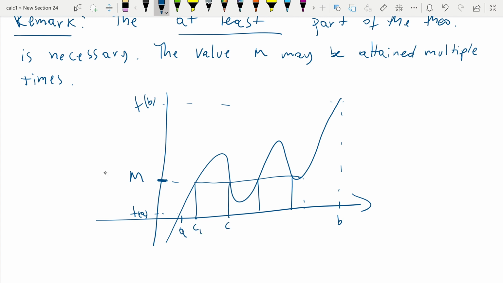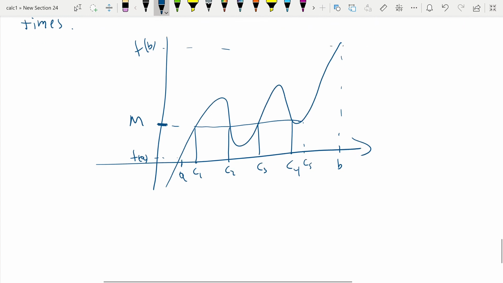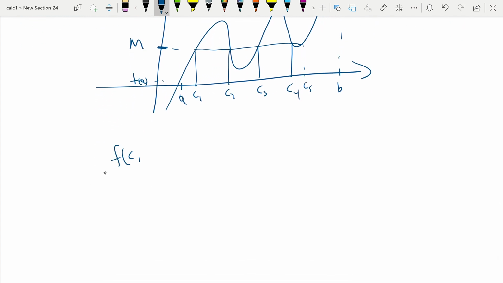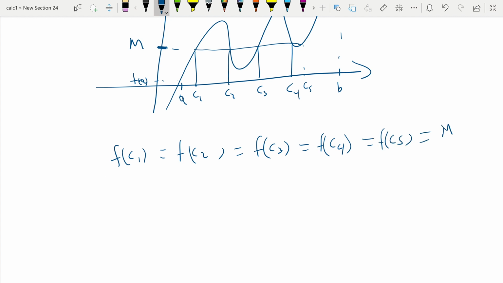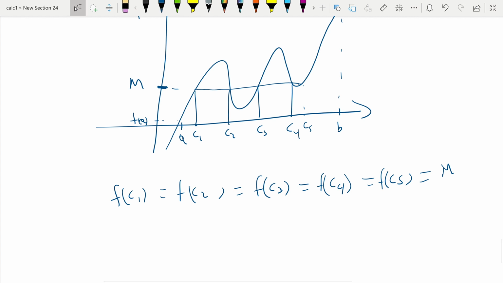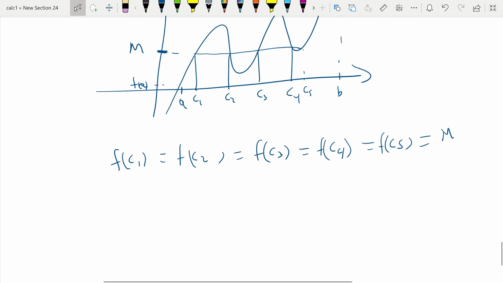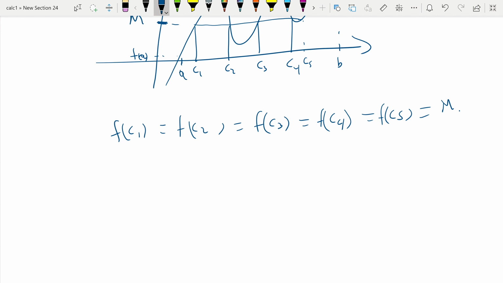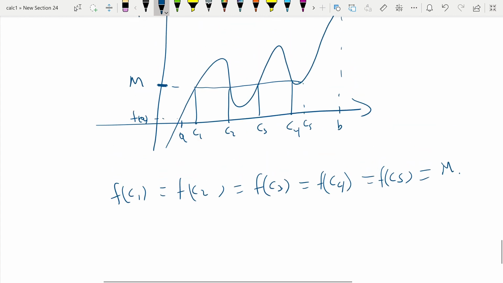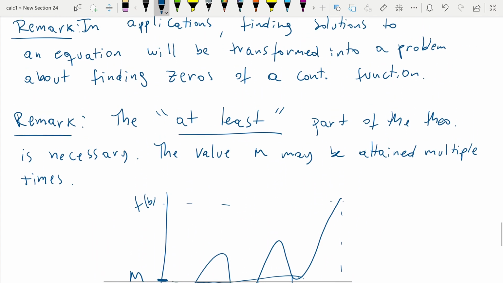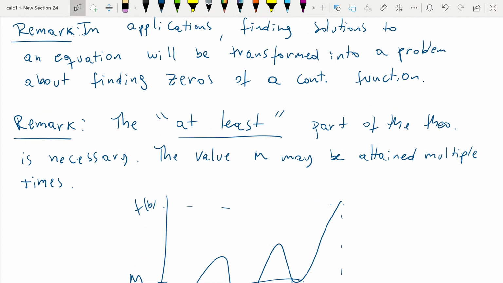So this could be C1, C2, C3, C4, and C5. So f of C1, f of C2, f of C3, f of C4, f of C5 are all equal to m. The theorem just tells you that there is at least one. In this case, there are 5 points. So that's all it says.